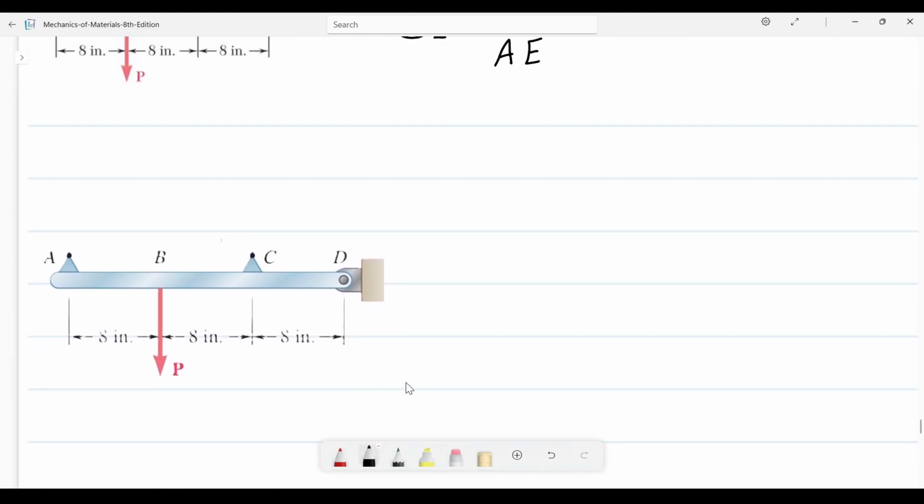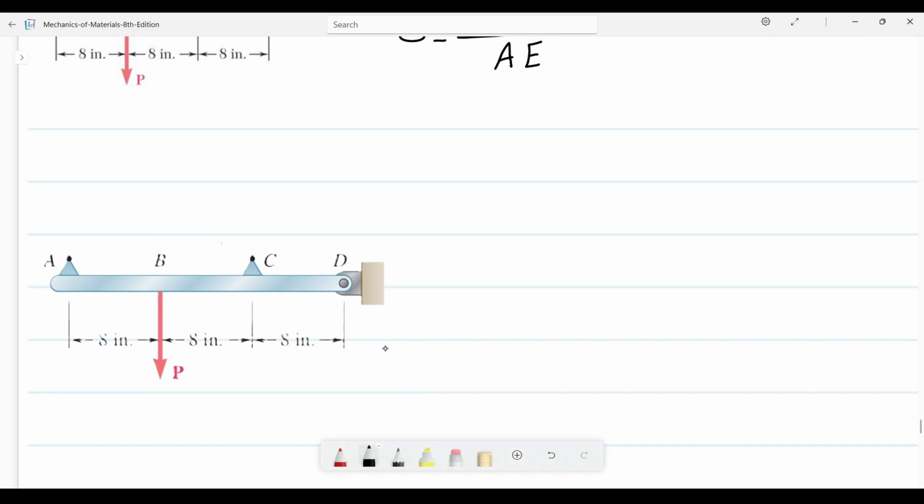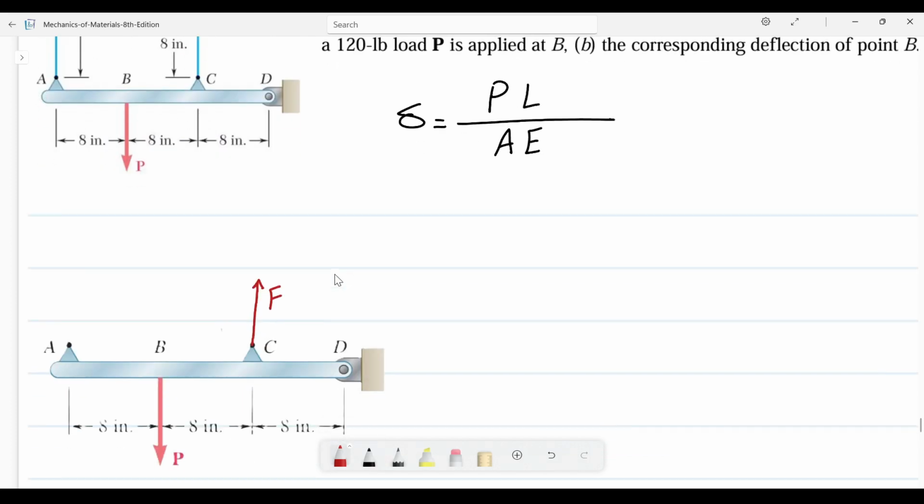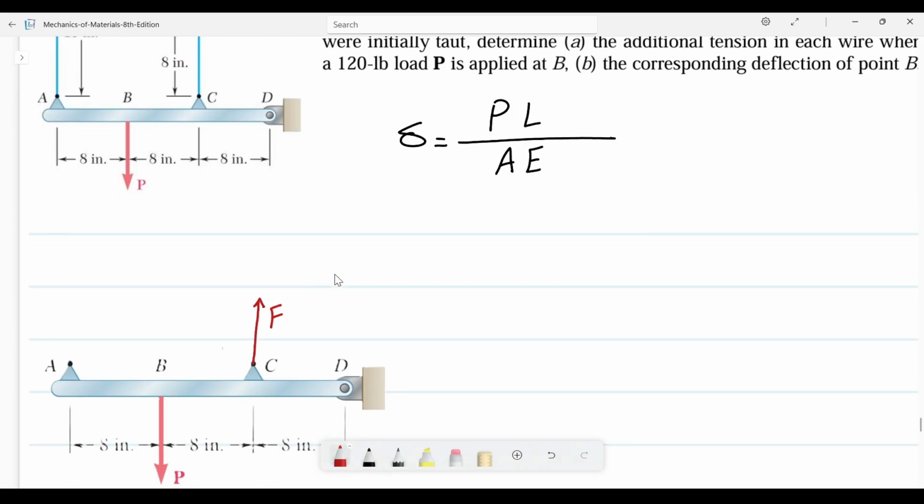Here we have this figure and the structure. Let's draw the forces. Here we have FCF, and also here we have FAE.